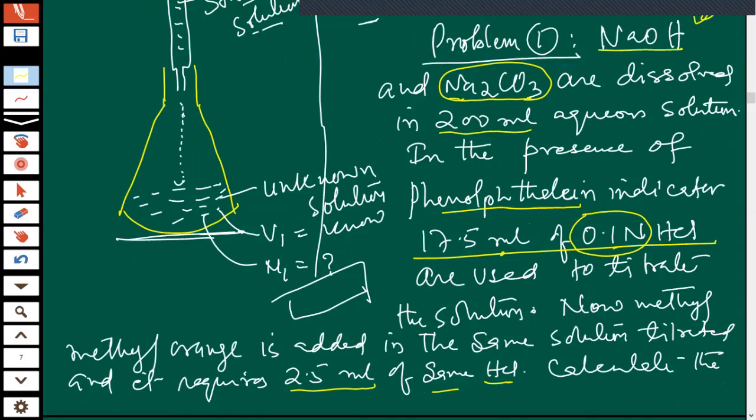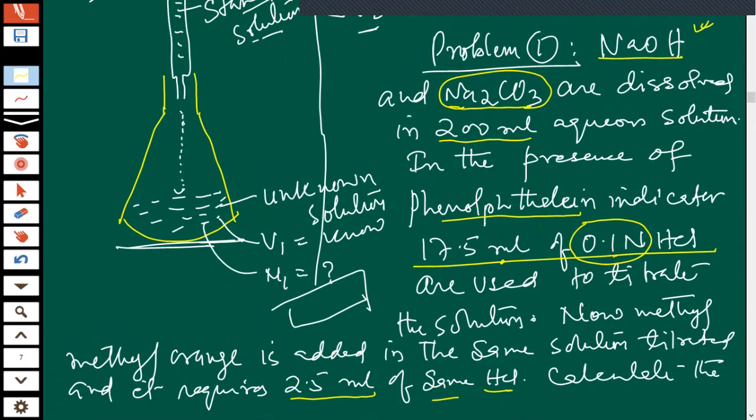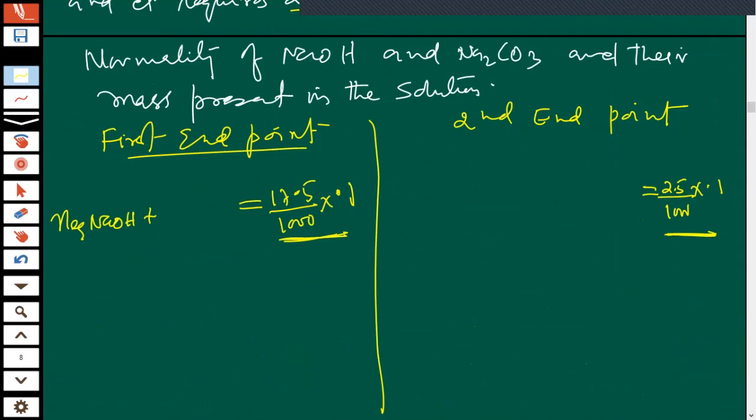Half, children, because it is completed in 2 steps. In one step it will be half, and in another step it will be half. So half number of equivalents of Na2CO3, right? Okay, children.